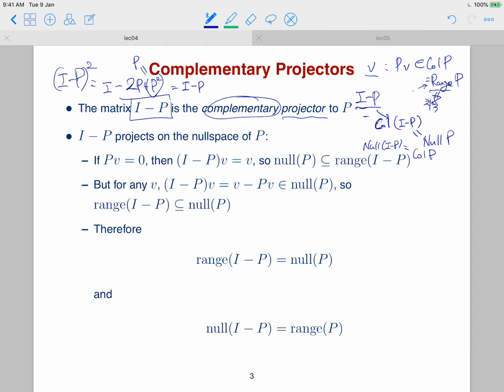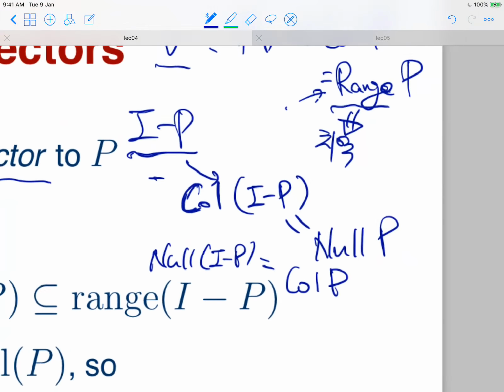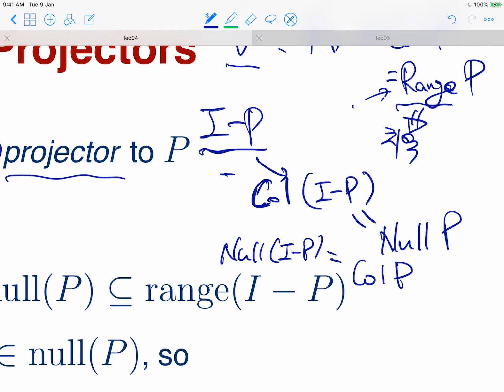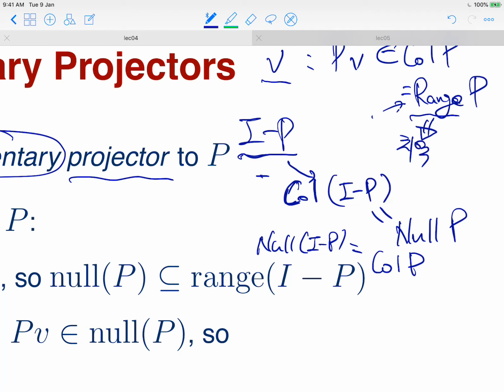Okay, so what it means is, between the two ranges, or two column spaces, of P and I minus P, there is no overlapping vector except for the zero vector.